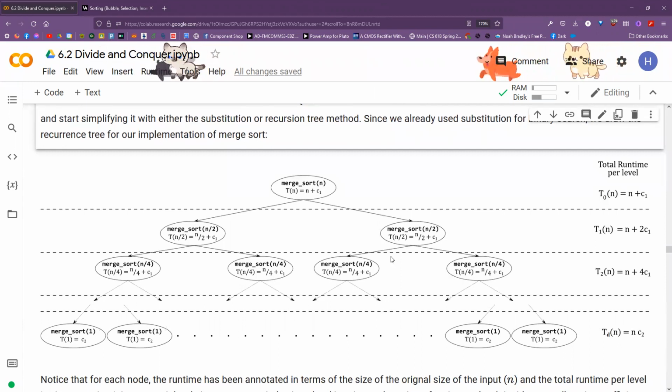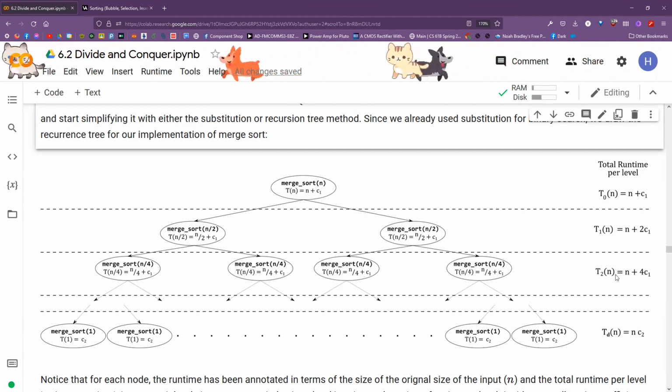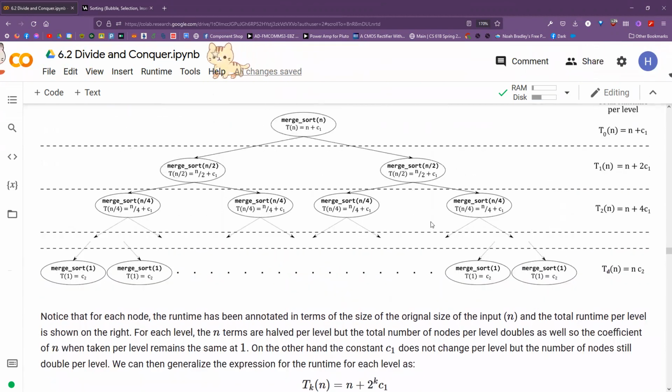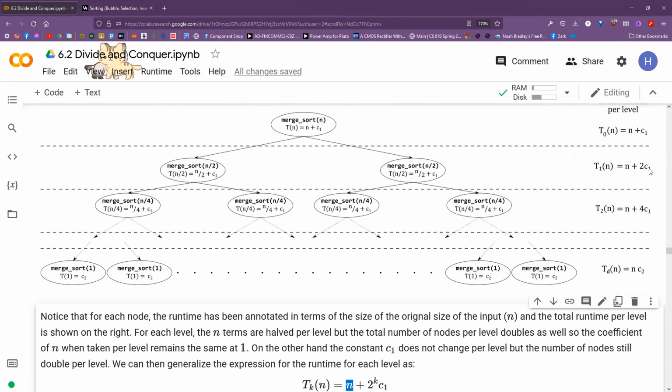And then, you'll notice here na yung total number of n per level actually stays the same at n kasi na-half siya per call pero twice naman natin siya kino-call. So, ayun. At each level, we can assume na meron tayong one whole n term. And then for the constant term naman, you can see na since constant nga siya, hindi siya nagbabago.